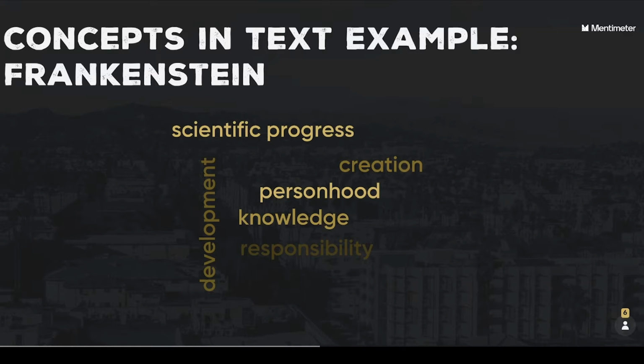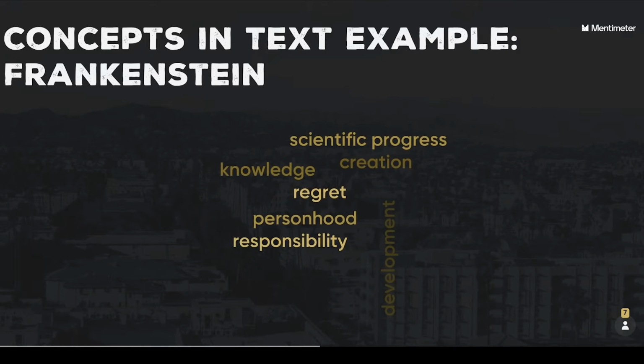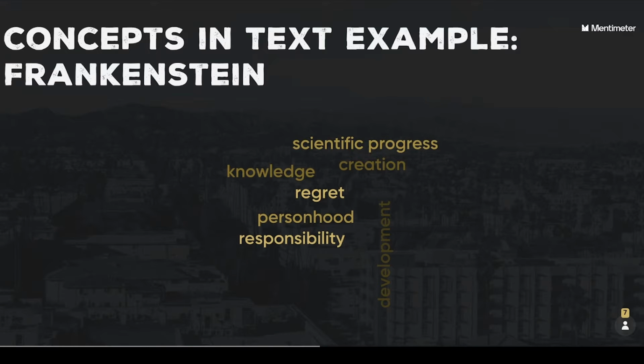Knowledge is a huge part of this story's conceptual framework. A lot of how we think about things is through how we know them, and coming to know can also mean we come to regret, like Victor does in the story. When we're thinking about regret, well, that's a lot of what characterizes Victor's actions. Something to think about.